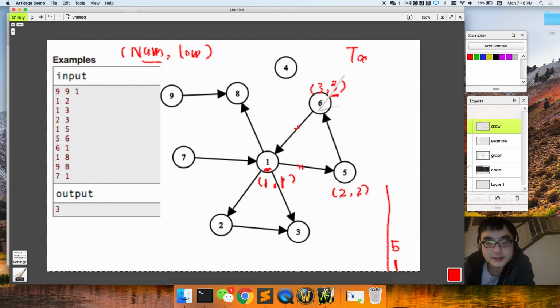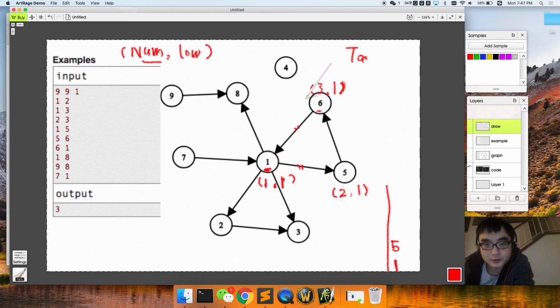So the lowest number node 6 can reach is 1 now, right? So we update the low here. And we backtrack, right? We get back to node 5. And now the lowest number node 5 can reach is also 1 now, right? So we are back to here, and then we backtrack.